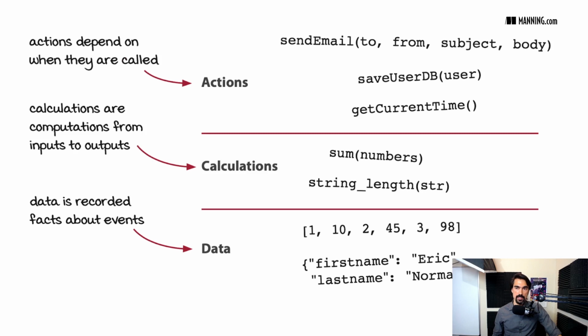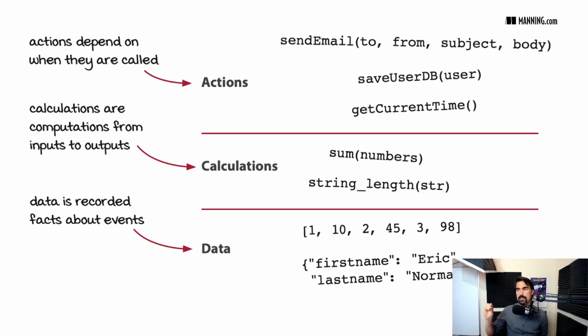So we'll draw another line. Below the line will be data, and then above that line between actions and data is calculations. So calculations are actually things that you can run. They're functions or operations, operators like addition or multiplication that don't have an effect on the outside world. They're just computations. And then the data are inert things.